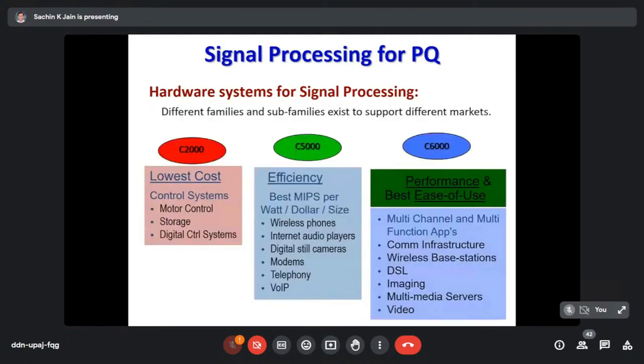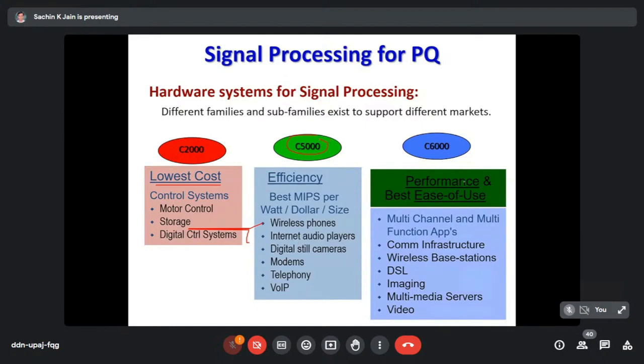Especially from Texas Instruments and some other manufacturers, we get different series of digital signal processors. You have to choose depending upon your application and the availability of budget. If you need wireless applications, internet audio players, then you should choose this series of processors from Texas.